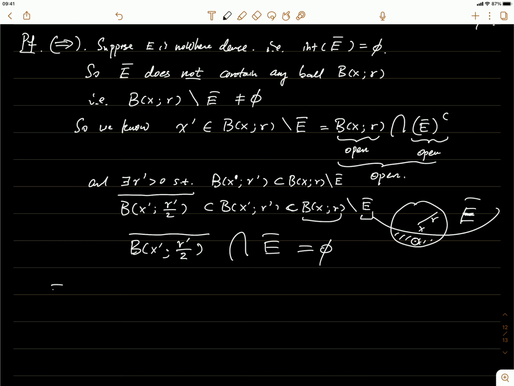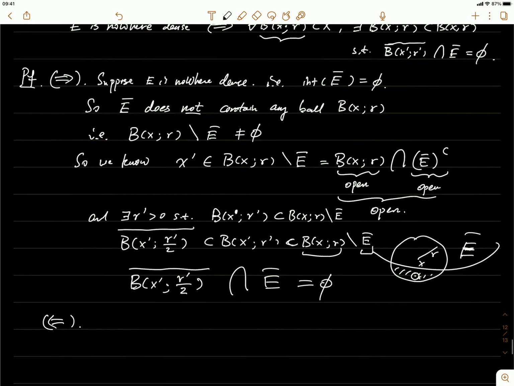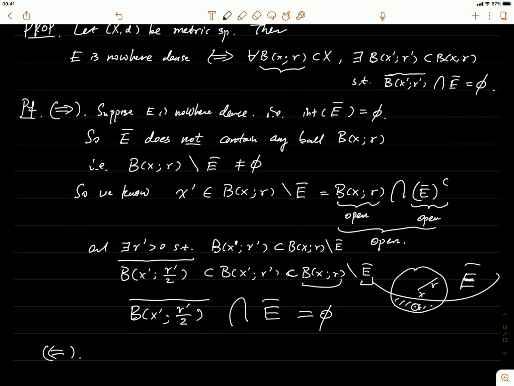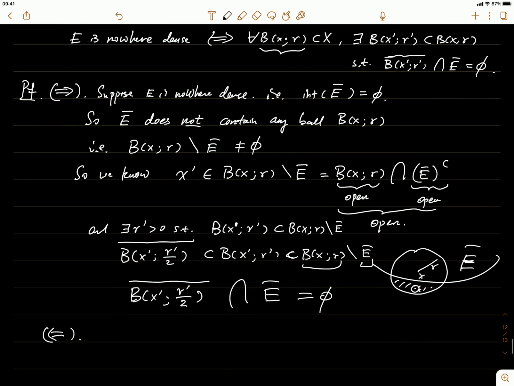And now let's consider the other direction. Suppose that the right-hand side is true. Let's show that E is nowhere dense. Let's prove this by contradiction. If not, then the interior of E closure is not empty.